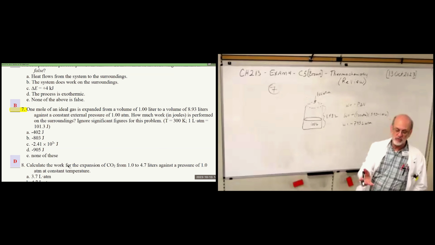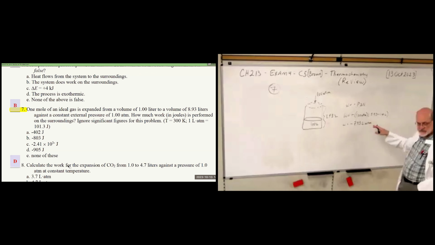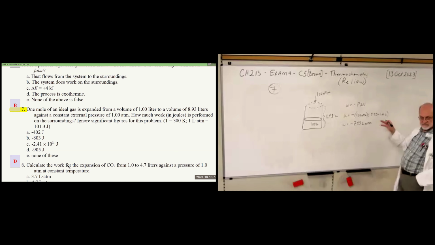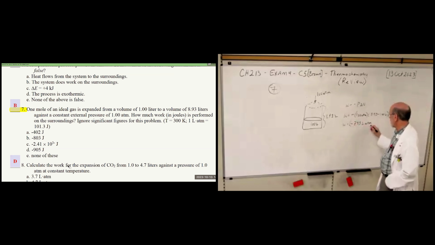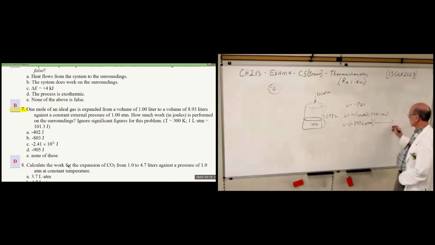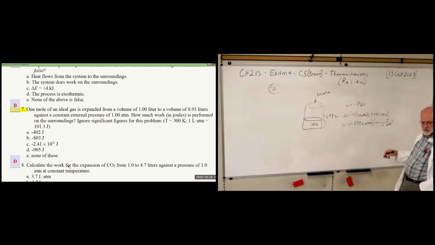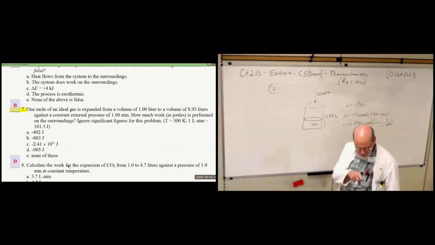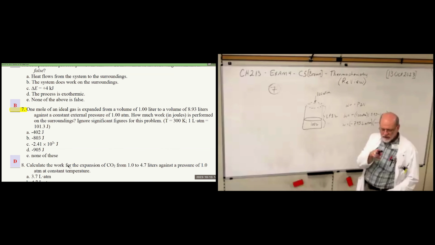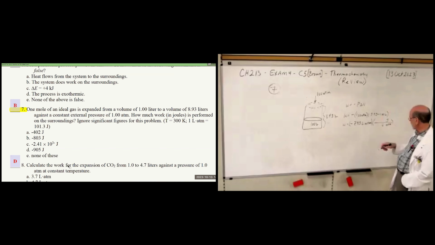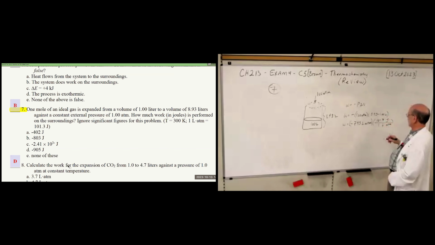Our answer is in joules. So we got to convert this to joules. Okay so far? So we need a conversion factor, numerator, denominator. All right, so what's the relationship? It's given to us there. One liter atmosphere is 101.3 joules.